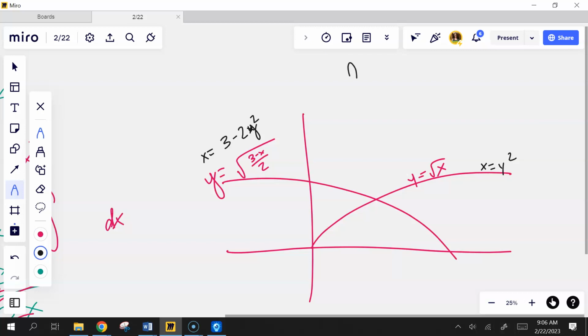So now with respect to y, I need this point. It makes it a little bit harder to use my calculator now. I'm going to go from 0 to 1, and I'm going to do right minus left.